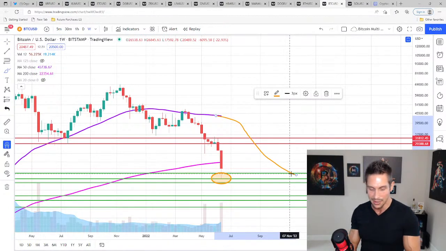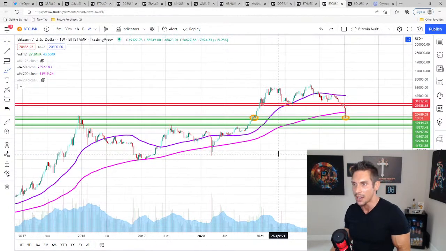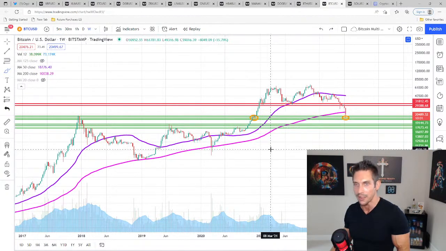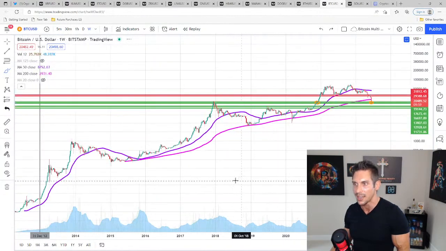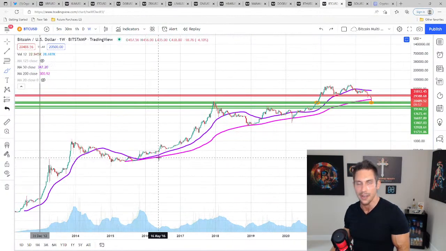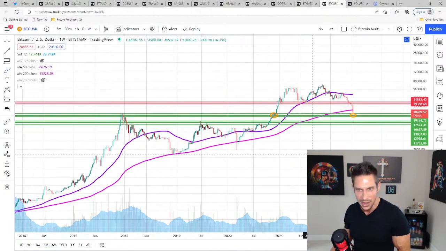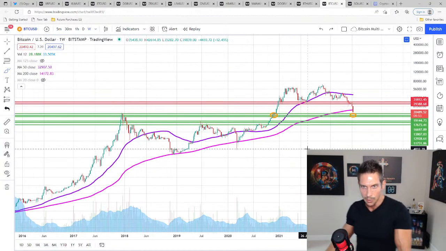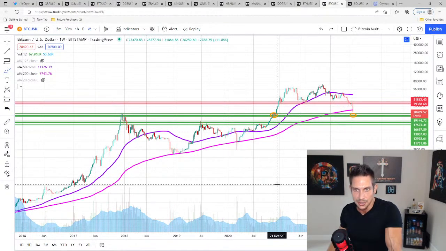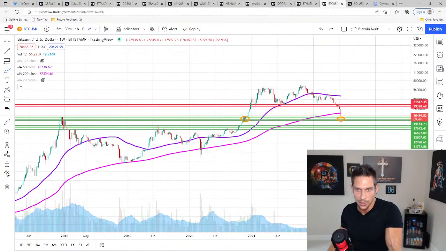That has not happened, okay? I don't even know that there is a 400 weekly moving average. I'm not going to try and pull it up, but it doesn't look like in the history we've ever had a 50 cross below the 200. So you'll have to elaborate, Jam Donuts, because that's not technically correct what you're saying.